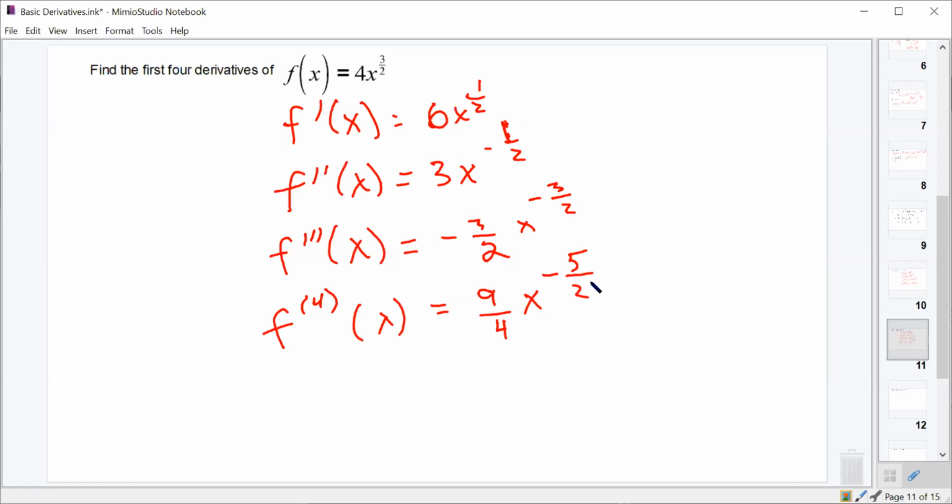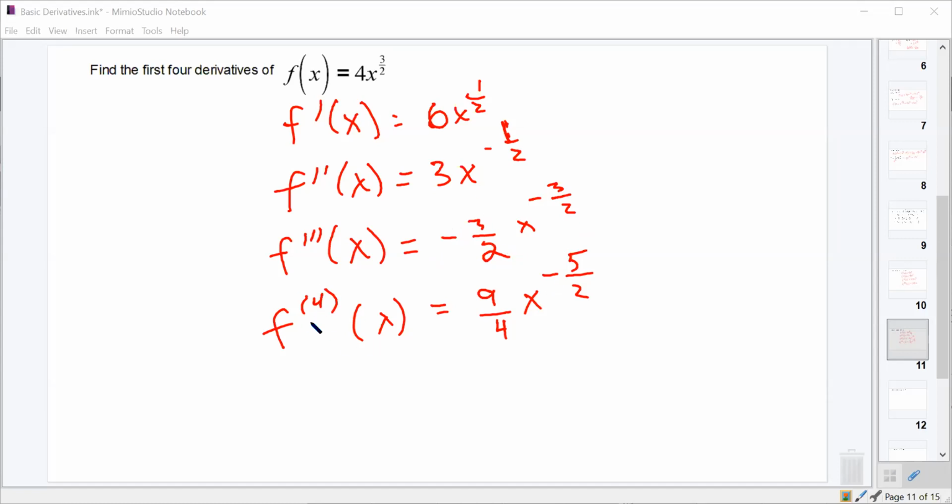Oh, wait, question. When there's too many primes after taking a bunch of derivatives, can you just put a number next to the f? Like you know how you notate derivatives of an f prime?